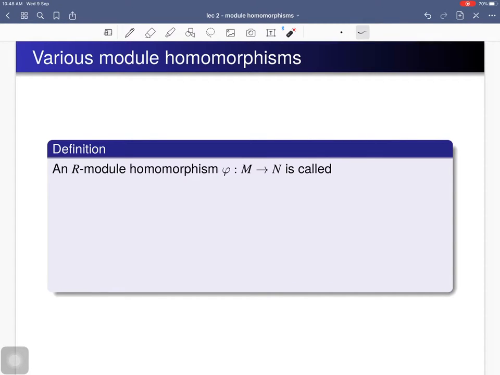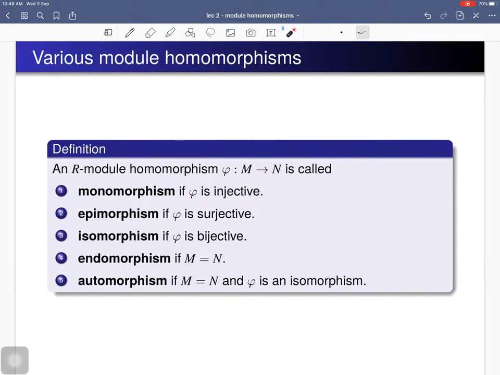Let phi be an R module homomorphism. Then this R module homomorphism is called a monomorphism if phi is injective as a set map, and an epimorphism if phi is surjective as a set map. And just now we have proved that it is an isomorphism if phi is bijective as a set map.